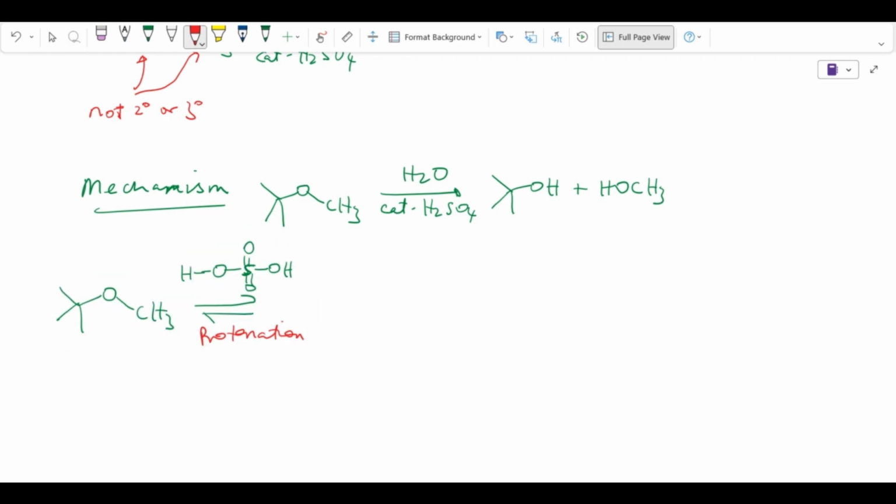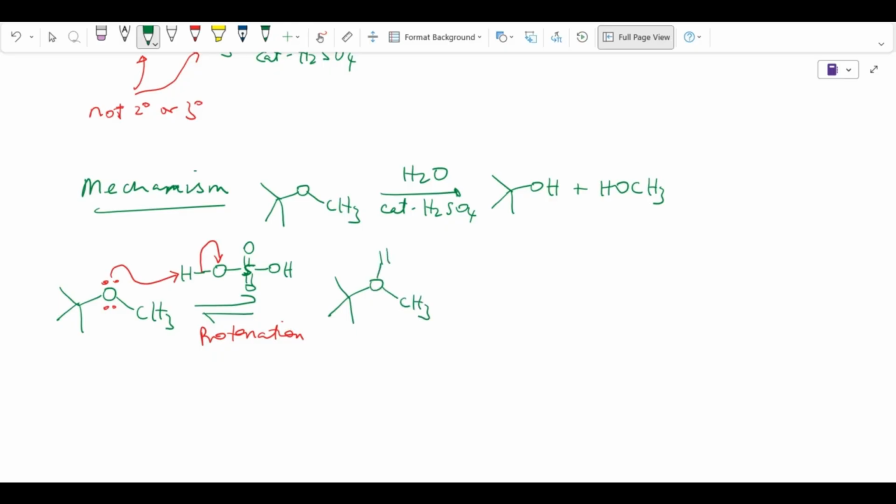To draw your curved arrow, we always draw it from the electron source, in this case the lone pair on the oxygen, towards the hydrogen, the proton of the sulfuric acid. The bond between hydrogen and oxygen will break, the excess electron will go onto the oxygen, and we will end up forming a protonated ether.